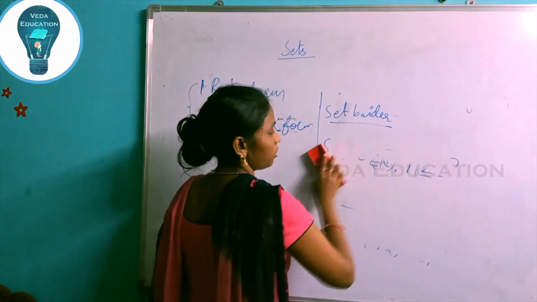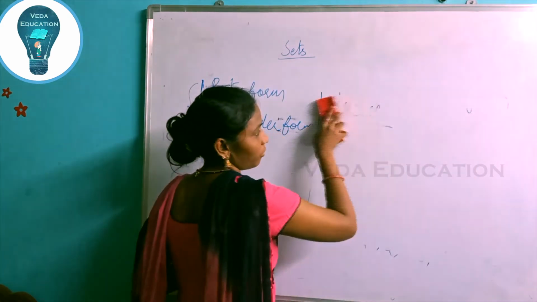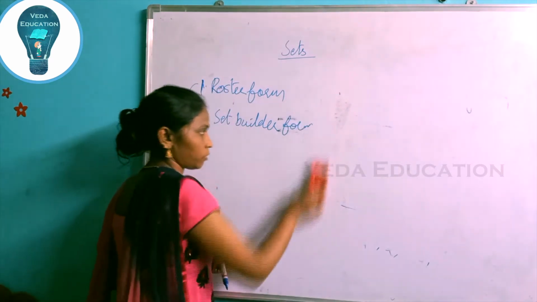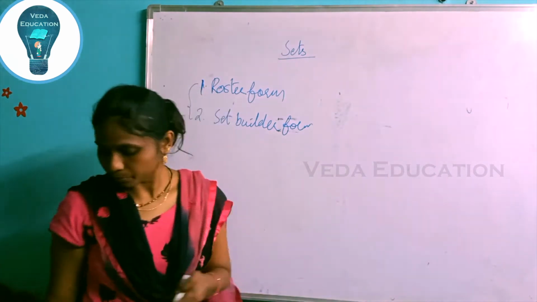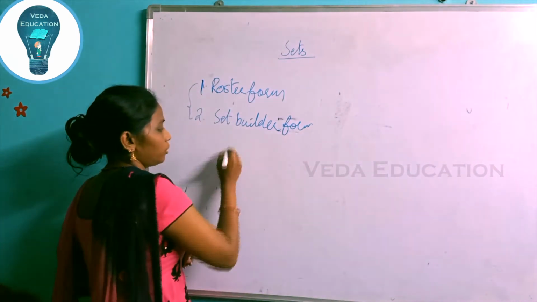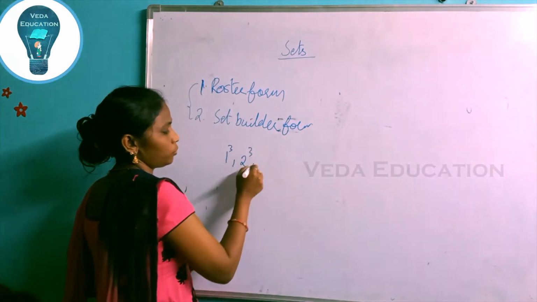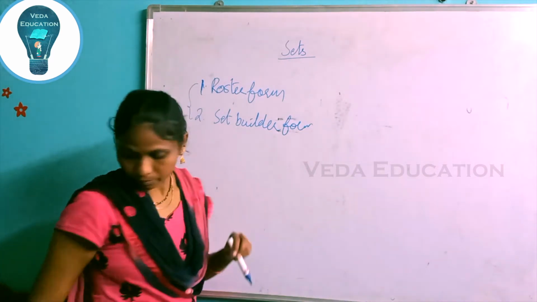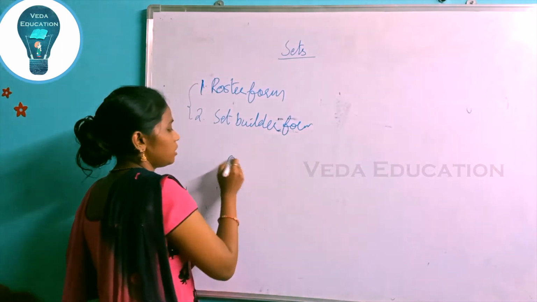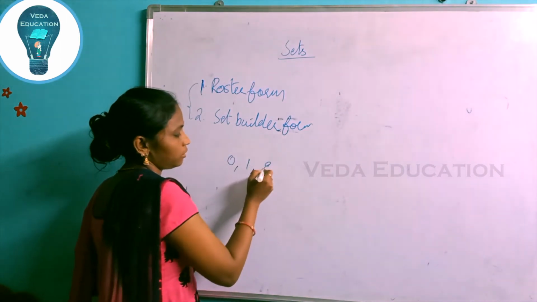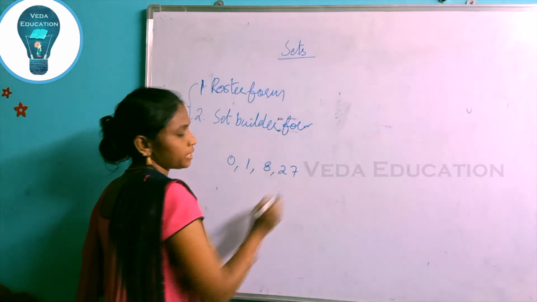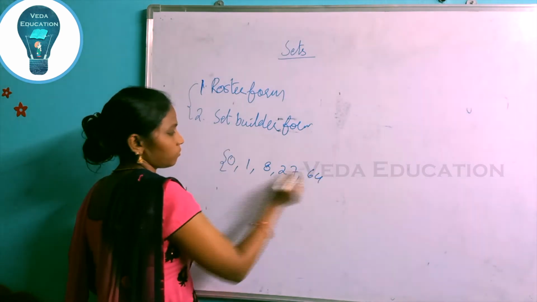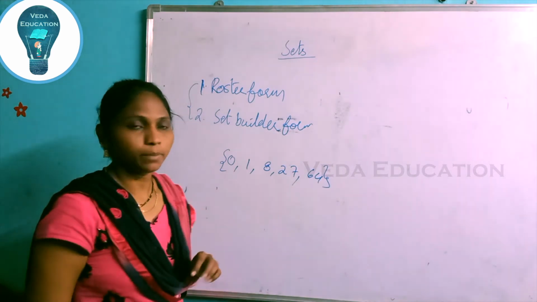In examination, they will ask roster form to set builder form, and set builder form to roster form also. For suppose they give 0, 1, 8, 27 and 64. Write in set builder form.